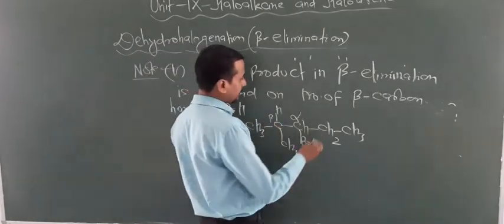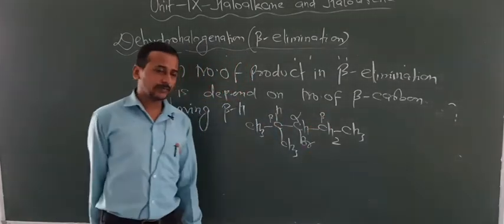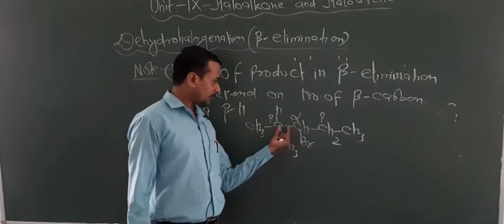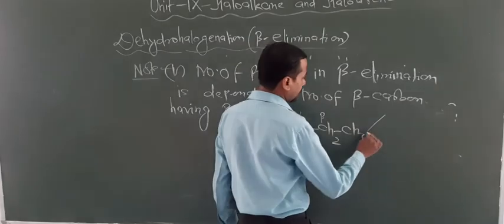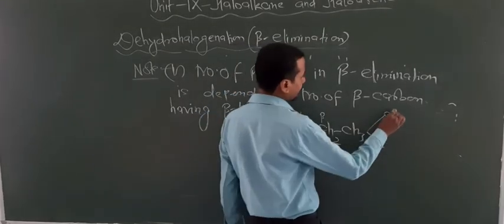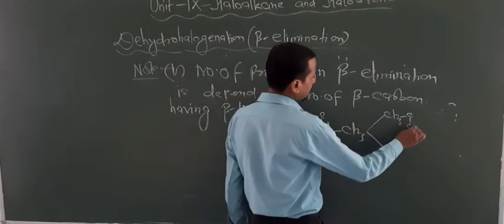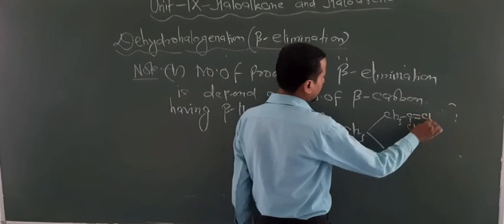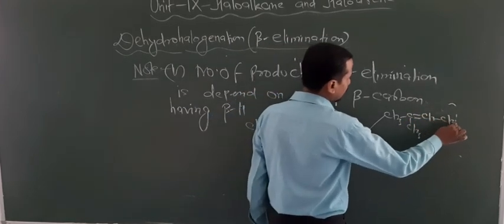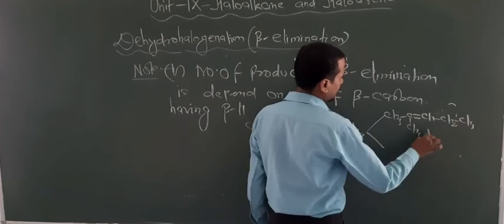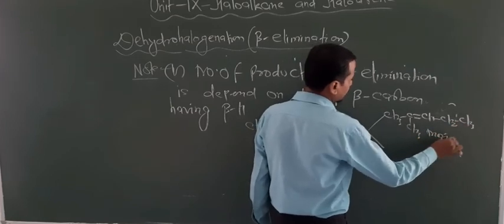There are two beta carbons. So now this will give two products, one from this beta H and one from this beta H. So you can get the product like this: CH3 C CH3 double bond CH CH2 and CH3, and this is the major product.